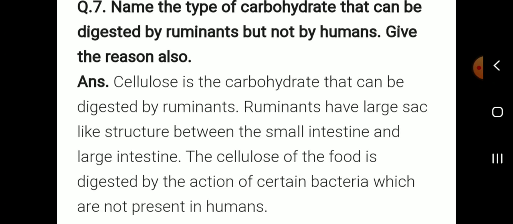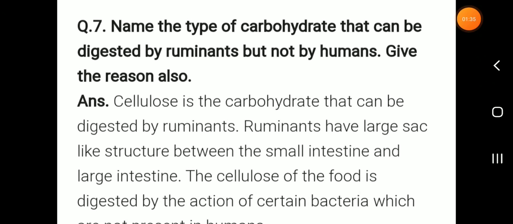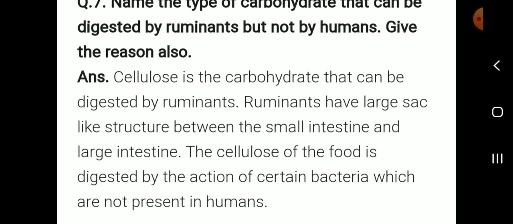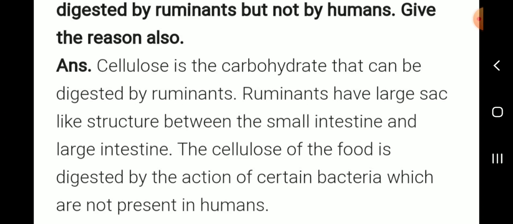Next, name the types of carbohydrates that can be digested by ruminants but not by humans. Give reason also. Cellulose is the carbohydrate. Plants contain cellulose, and cellulose can be digested by ruminants.